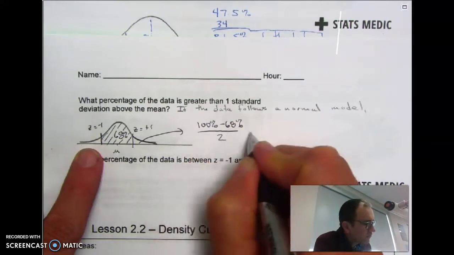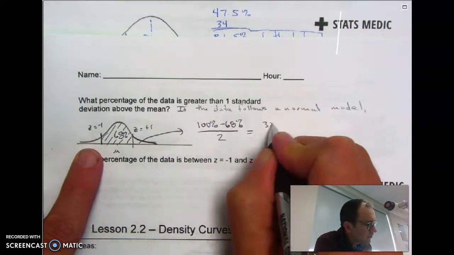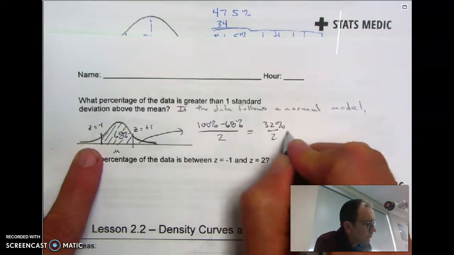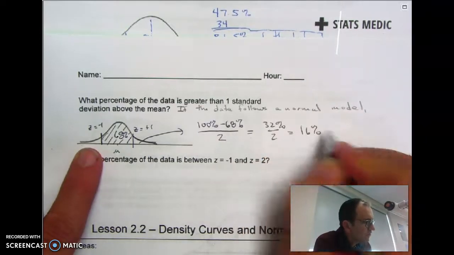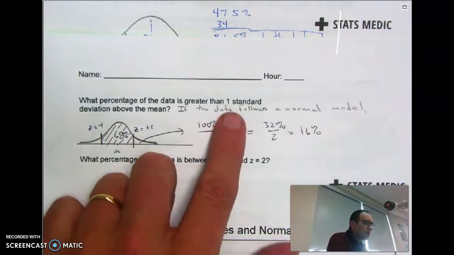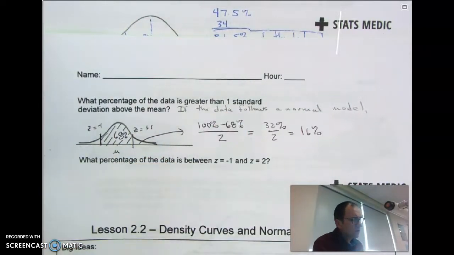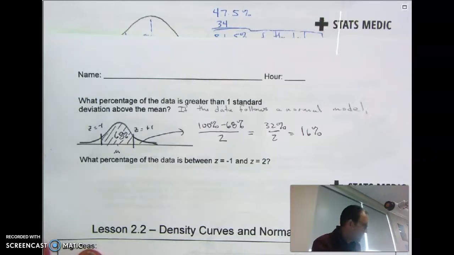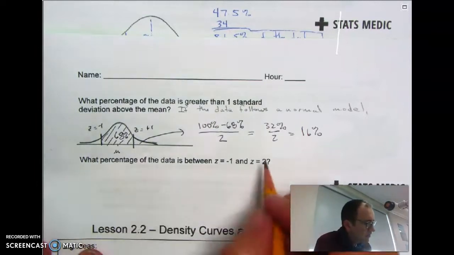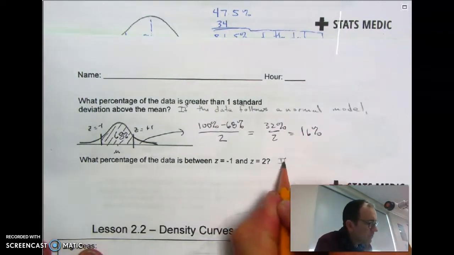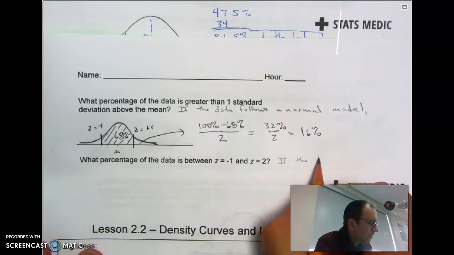Because this is a symmetric curve, we can divide that 32% by 2, and we'll get 16% of the scores are going to be greater than 1 standard deviation above the mean. We can do that same kind of thought process here as we look at the second question. And again, this is only going to be true if the data follow a normal model.